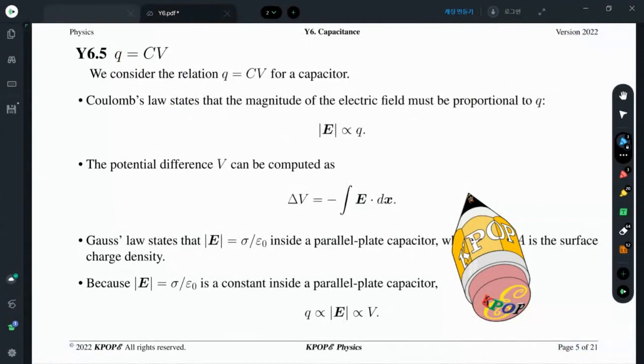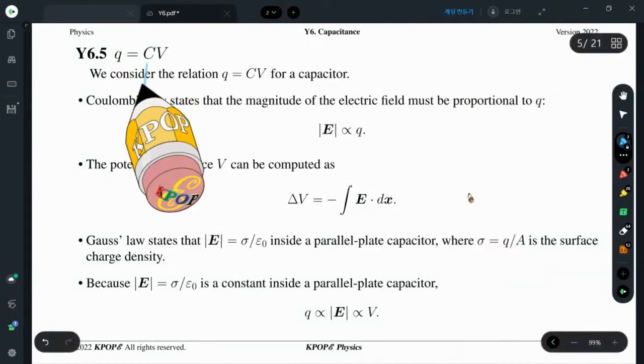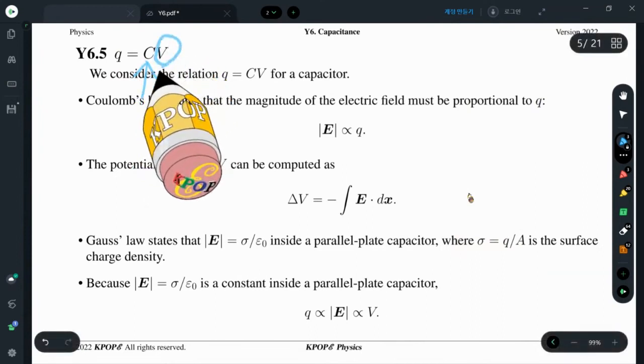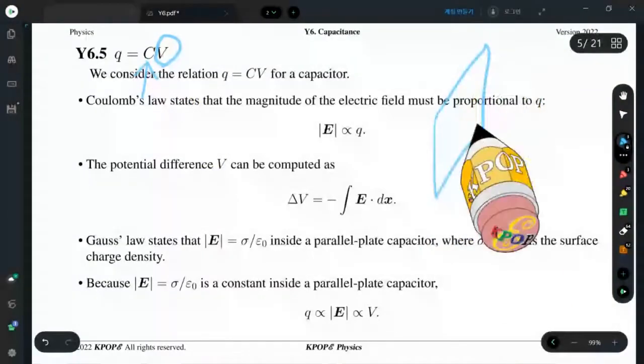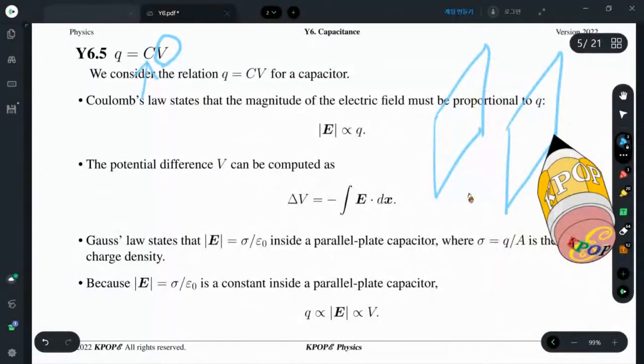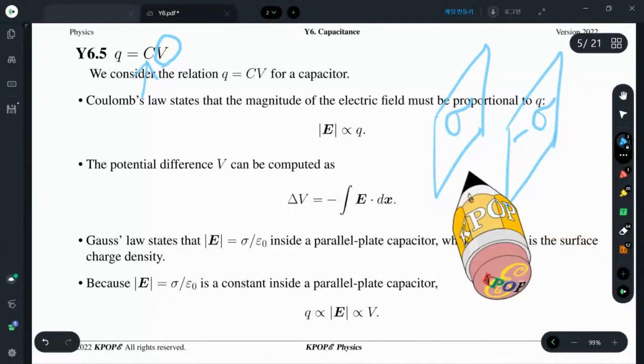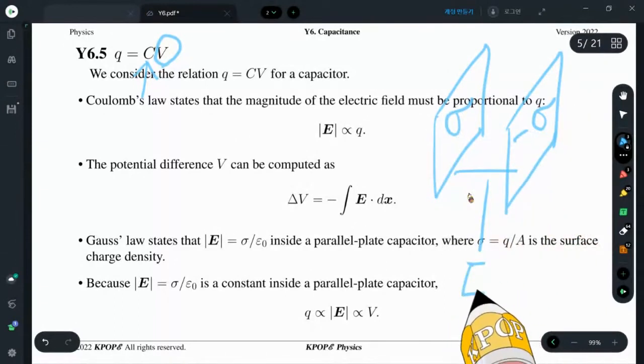Let us compute the capacitance. Capacitance C is defined by this. Let me consider the potential difference between the two plates. For example, if we have two parallel plates, sigma and minus sigma, we know the electric field.